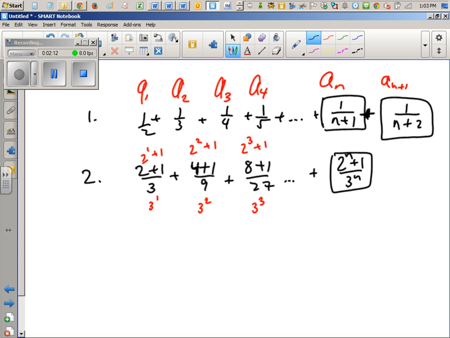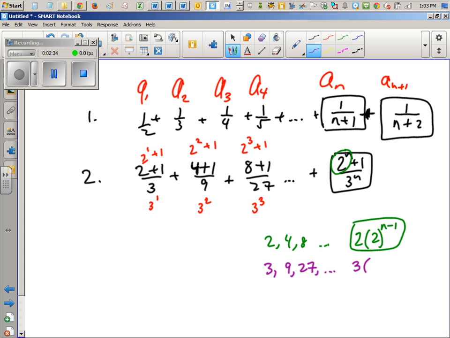If you can't do that, you can follow this green here instead. 2, 4, 8 is a geometric with first term 2, common ratio 2. So that'll give you the 2 to the n that you need here. And then the purple is the denominator here. 3, 9, 27 is a geometric with first term 3, common ratio 3.